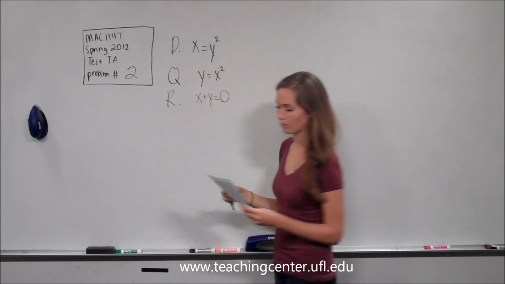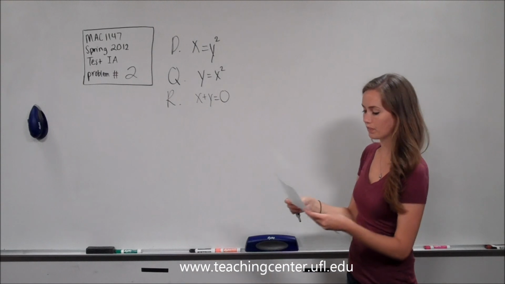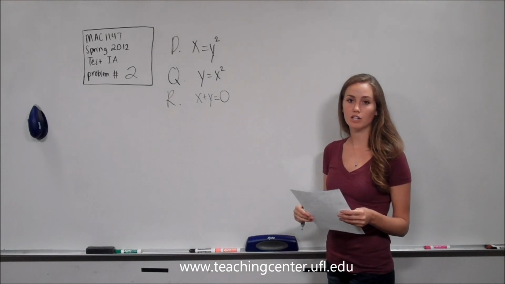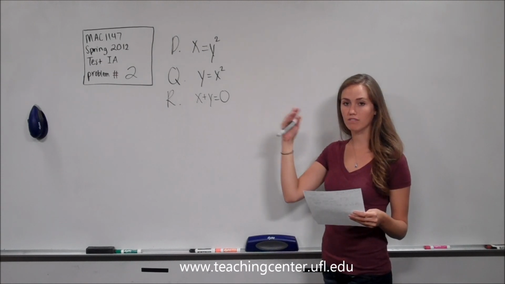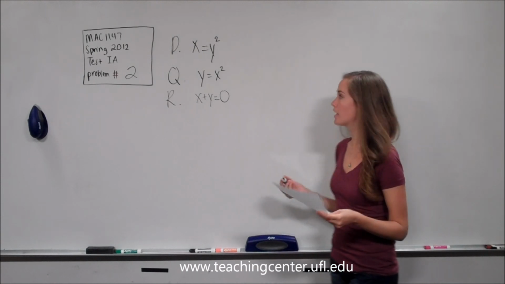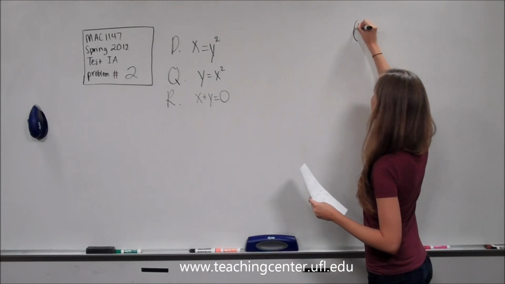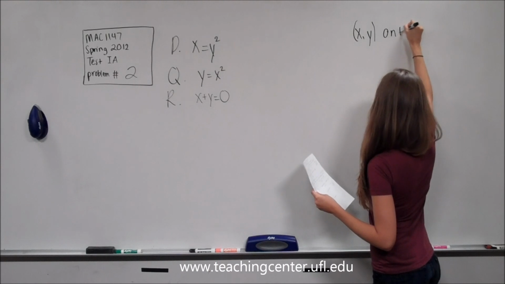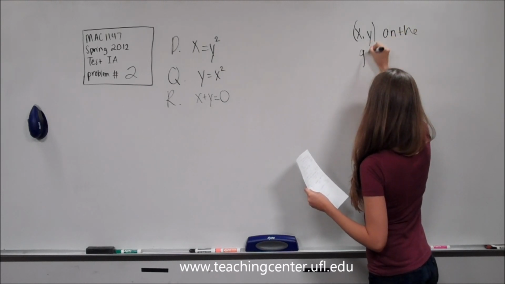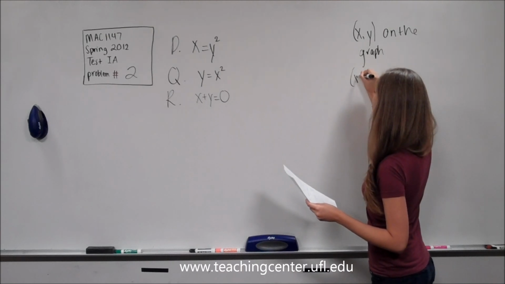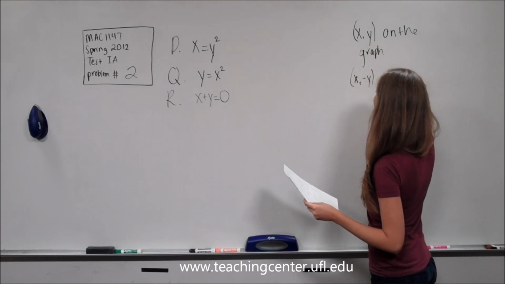First of all, symmetry with respect to the x-axis means that the graph has to look the same above and below the x-axis. Another way to say this is that if the point (x, y) is on the graph of our function, then the point (x, negative y) is also on the graph.